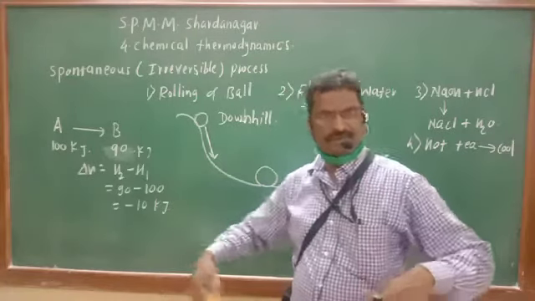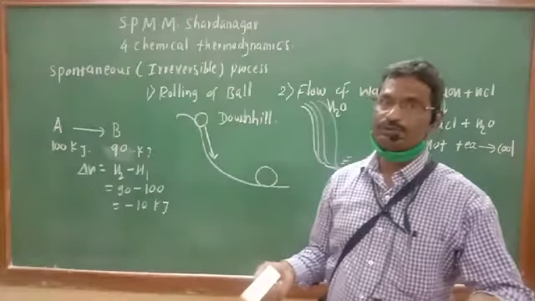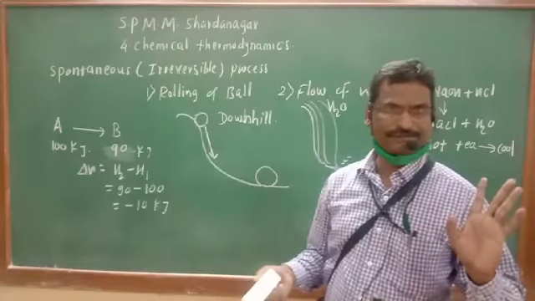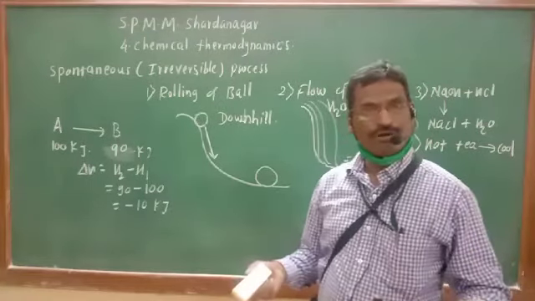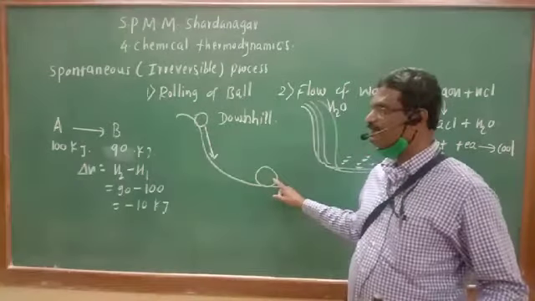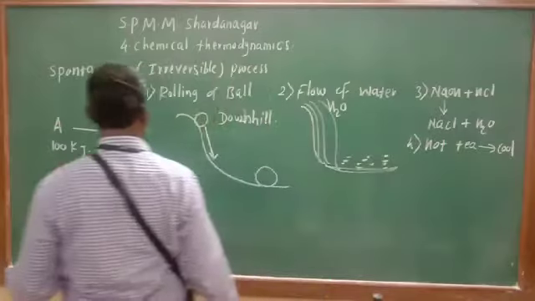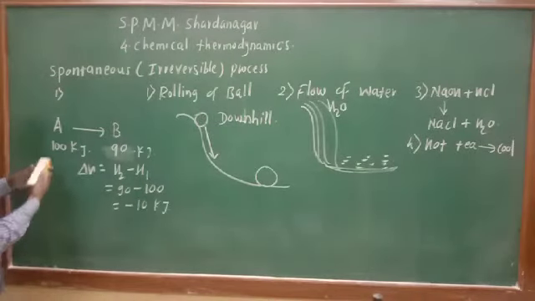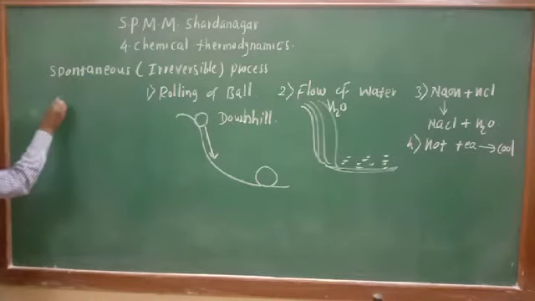In the opposite manner, if the enthalpy change is positive, the reaction is non-spontaneous. And if the enthalpy change is 0, the process is at equilibrium. These are the three important conditions. The first condition studied here is on the basis of enthalpy change.